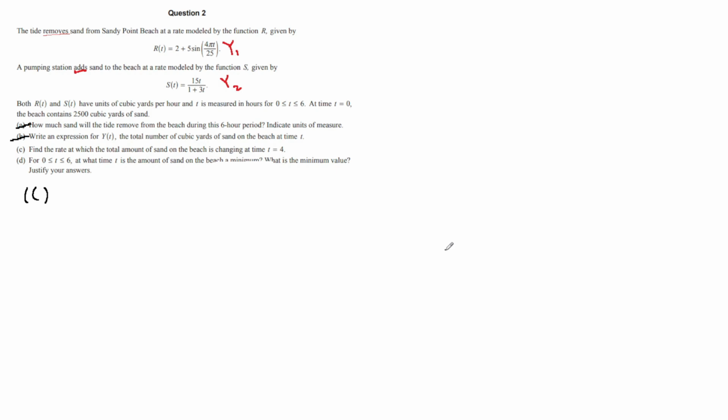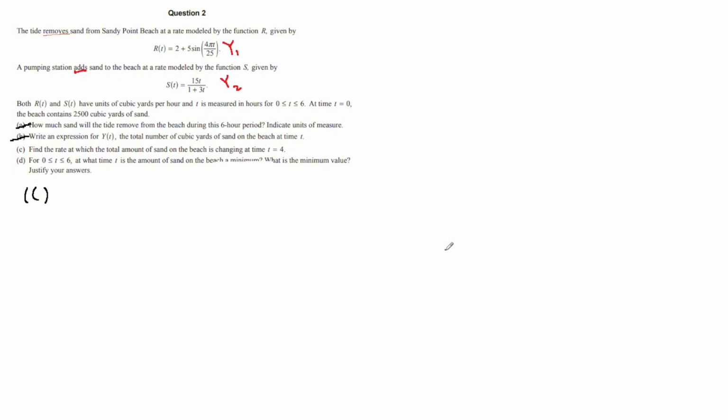So if we can combine those two functions and have the relationship between them, we can find at which points the amount of sand is decreasing, at which points it is increasing, and the rate at which the total amount of sand on the beach is changing at time t equals 4.